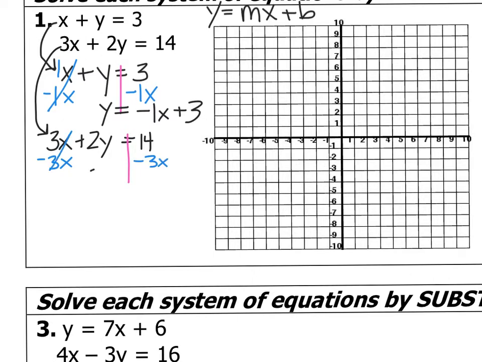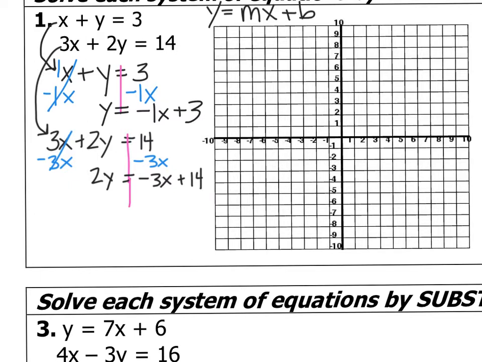But when I do that, I notice my y is not alone like in the last one. I still have a little work to do to get it alone. Remember, on this side, you cannot combine a plain number like 14 with a number attached to an x like minus 3x. So we just write them separately, sort of put them in a list form.